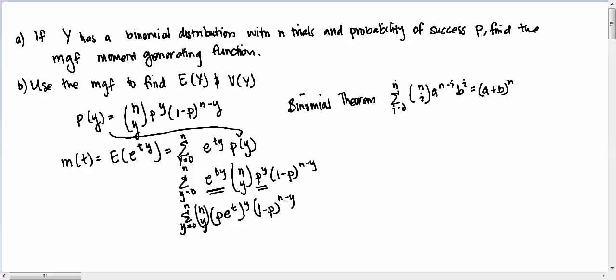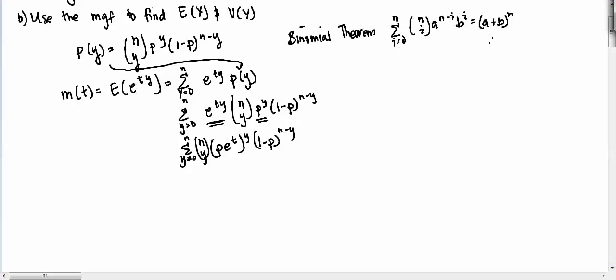In this case, I'm going to compare this to the binomial theorem that I have here, and it looks to me like your y is actually an i. So comparing, my i in this equation up here is equal to my y in this equation to the left. And my a is the 1 minus p, and the b would be p e to the t.